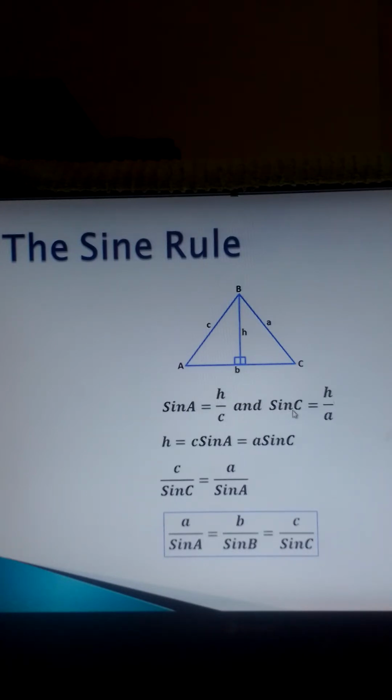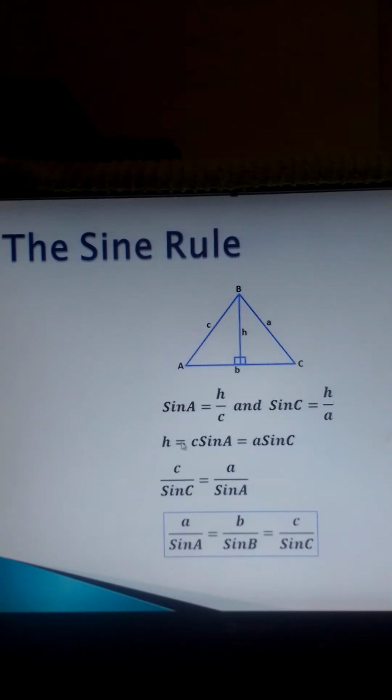And sine C is equal to the opposite side divided by the hypotenuse. That is, sine C is equal to h over a. We can make h the subject of the equation in both cases.